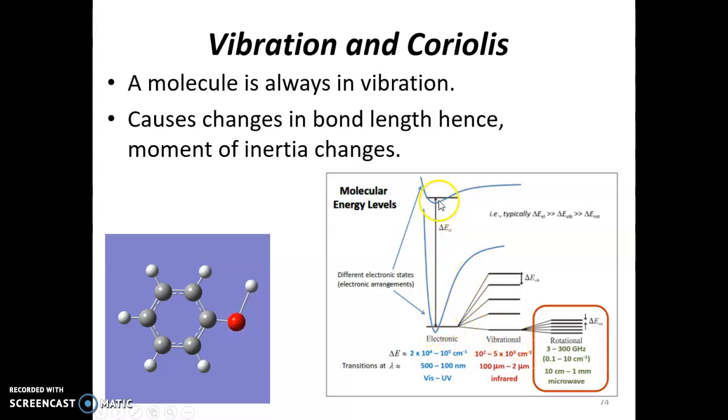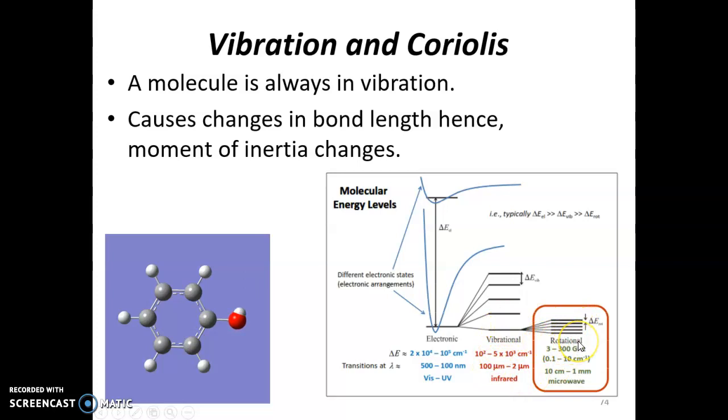So this is one electronic state, this is another electronic state. Within a vibrational state, we have several rotational states.